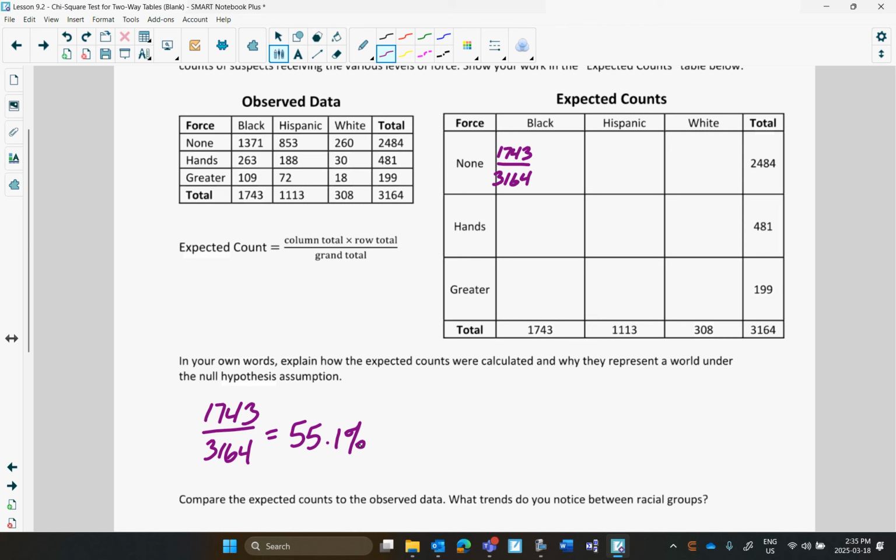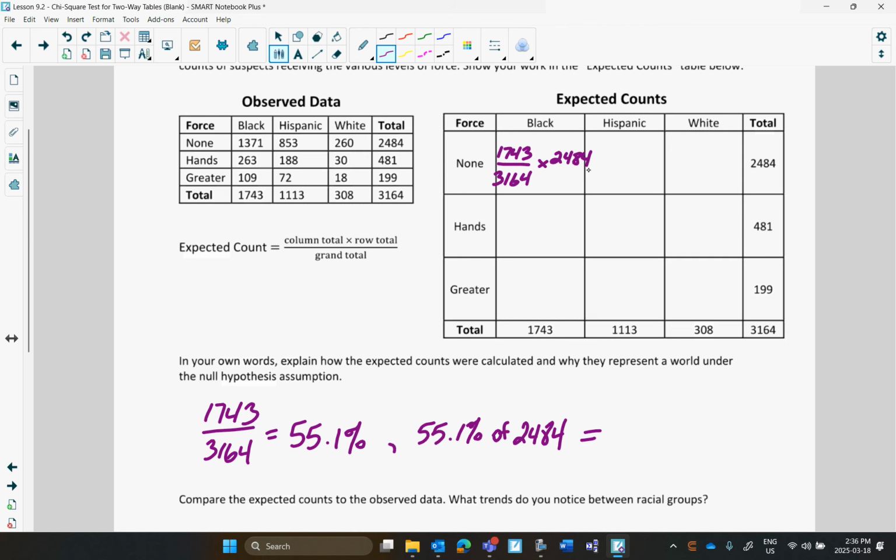Really what I'm doing is finding the percentage of Black people in the group times the total number of people that didn't experience any force.